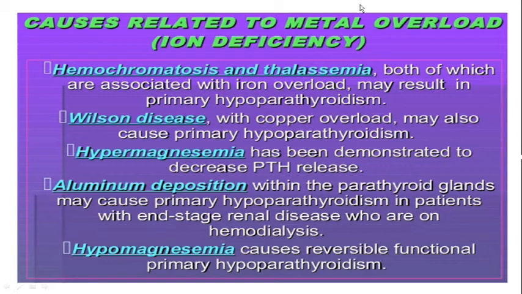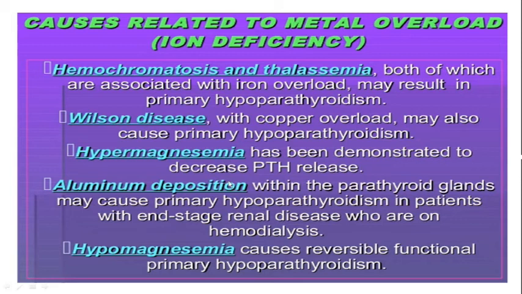Then I talked about iron deficiency, or even metal overload, or the infiltrative reasons: hemochromatosis or thalassemia, where you will have iron overload because of the breakdown of the hemoglobin. Wilson disease will be a copper overload, which may cause hypoparathyroidism. Then hypermagnesemia is one of the causes.